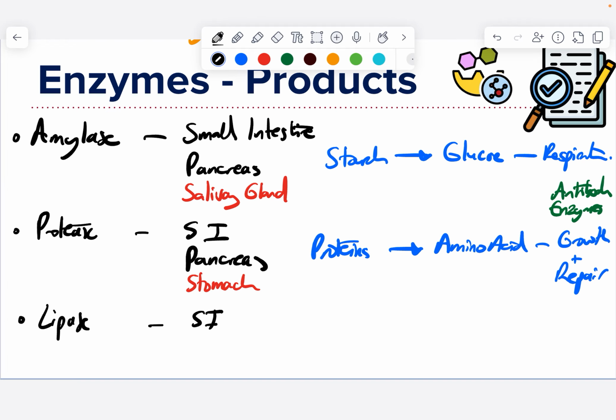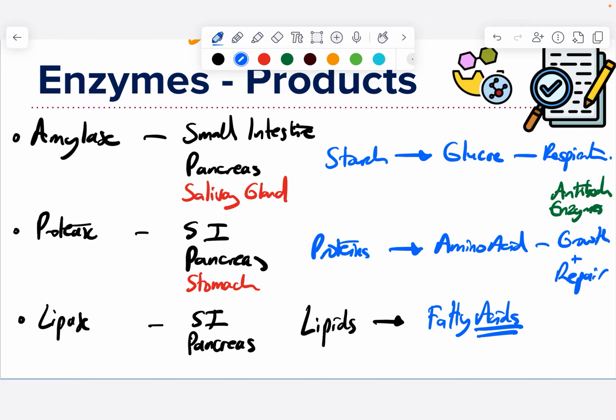And the third one is lipase, which is only produced in the small intestine and the pancreas. Lipase breaks down lipids, which is the proper name for fats, into fatty acids and glycerol.